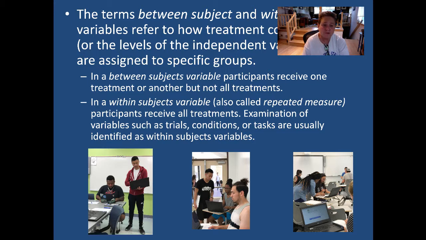So in a between subject design, you would either be in the massed group or the distributed group, but not both groups. In a within subject variable, also called a repeated measure, participants receive all of the treatments. Things like trials or conditions or tasks are generally identified as within subject variables.